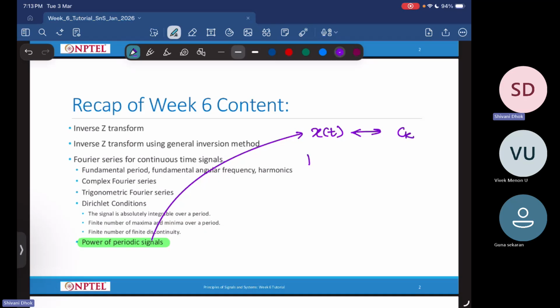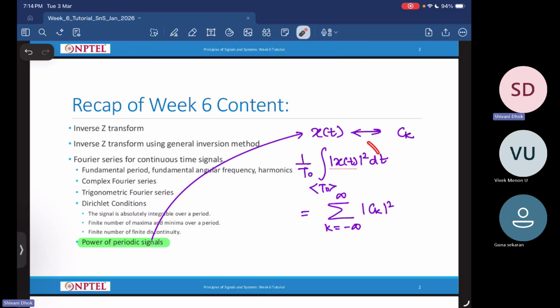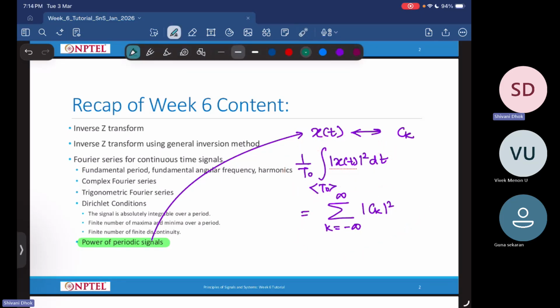Then the power of the signal over a period is given by 1 over T naught, integrate over a period T naught, magnitude of x of t whole square dt. And we showed that this is equal to summation k running from minus infinity to infinity magnitude of c k square. So power in your time domain is preserved in the frequency domain as well, and this particular concept is very important in these transforms, and this is known as Parseval's theorem.